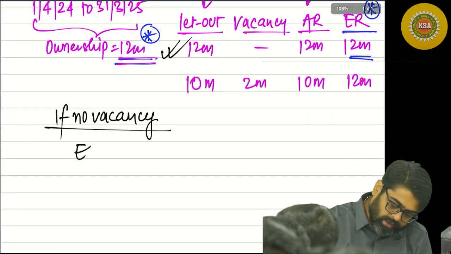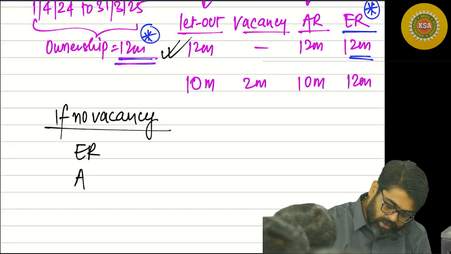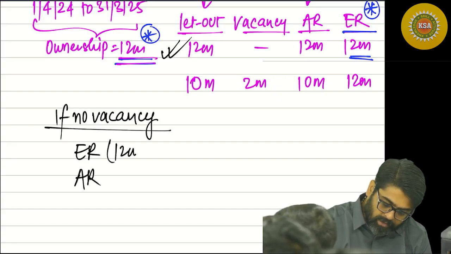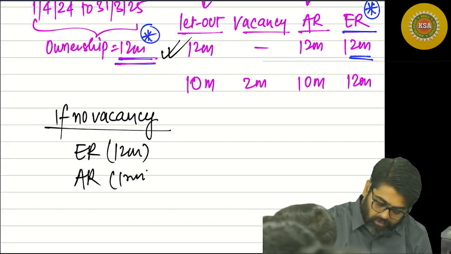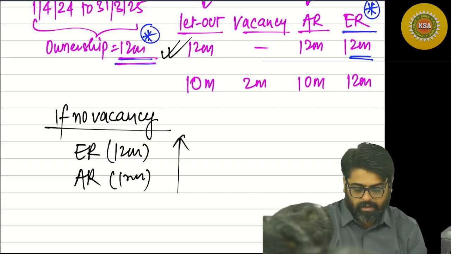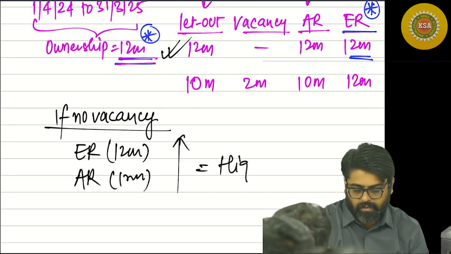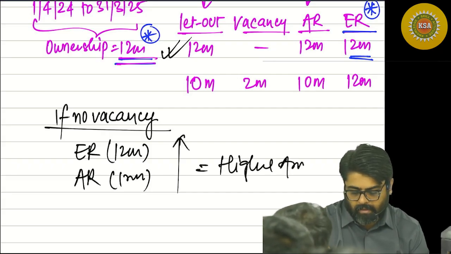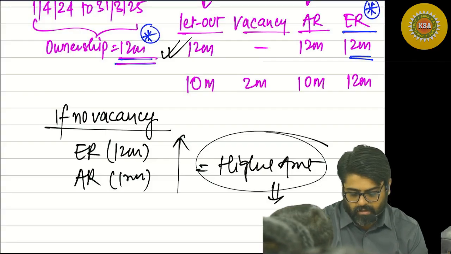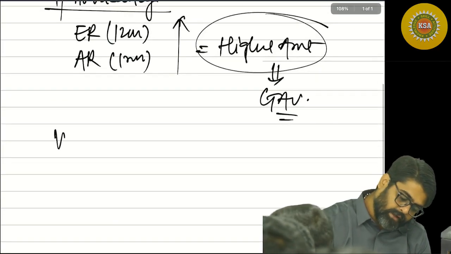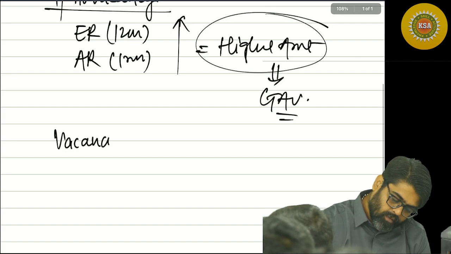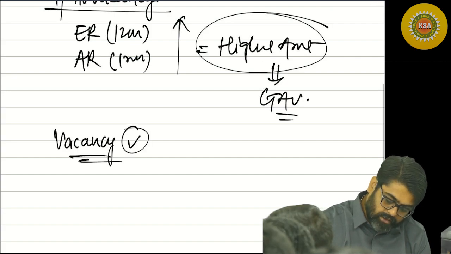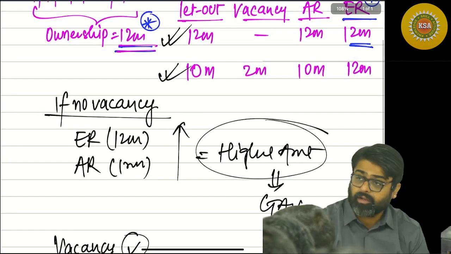You take the expected rent and the actual rent. Both are for how many months? 12 months, 12 months, whichever is higher. That higher amount will be treated as your GAV. Yes or no?